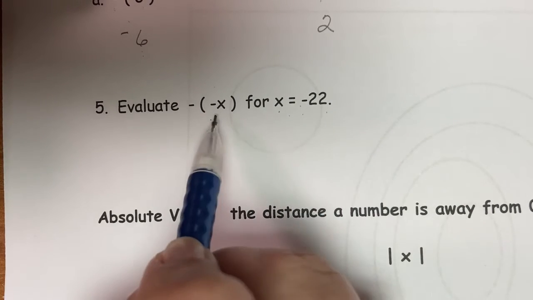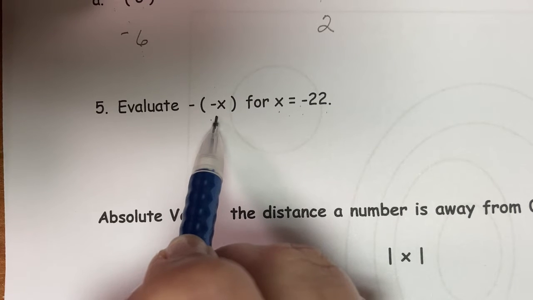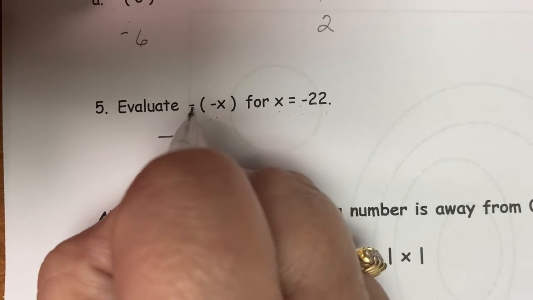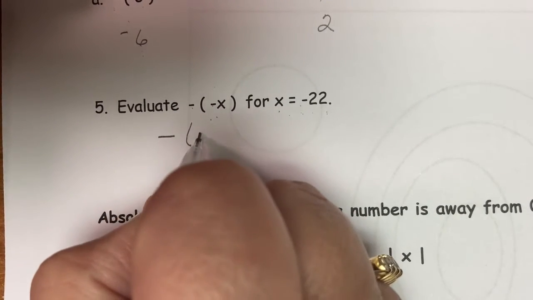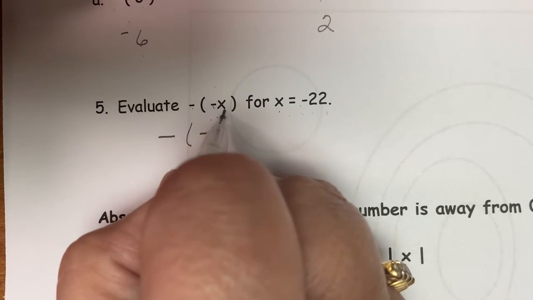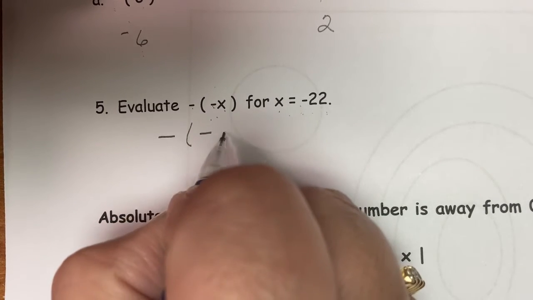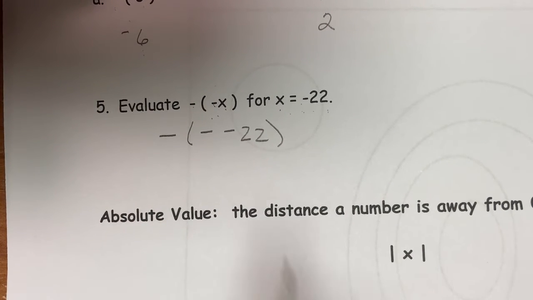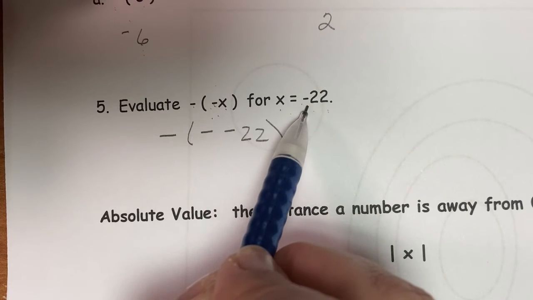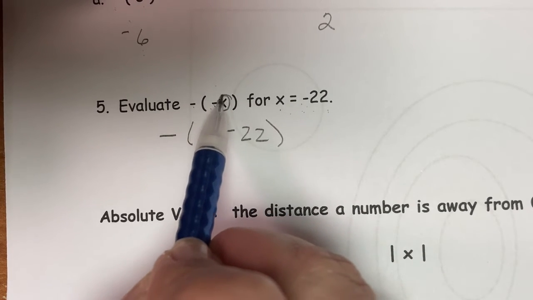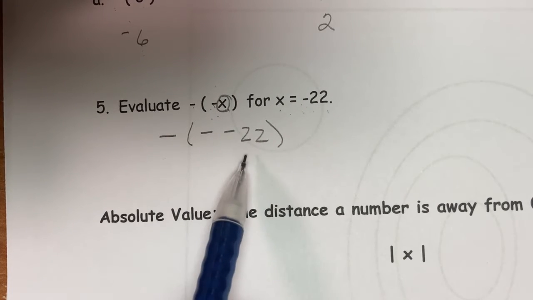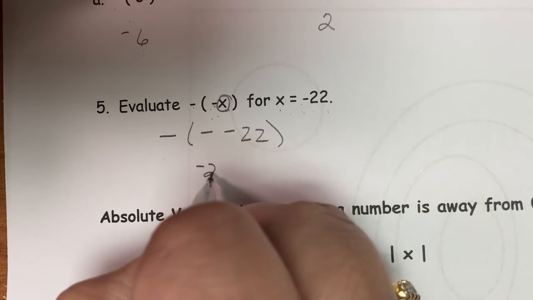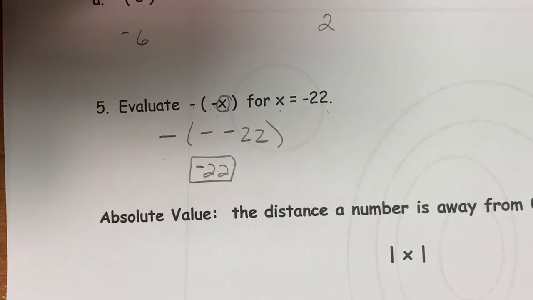In other words, wherever we see an x, we're going to replace it with negative 2. So we would have this negative, that's this one right here, and then the x is going to be replaced with negative 2. This negative right here is not this negative. Only the x is replaced with the negative 2. So how many negatives do I have? I have 3 negatives. Because 3 is an odd number, that means my answer is negative 2.